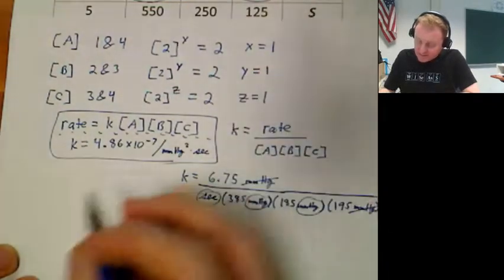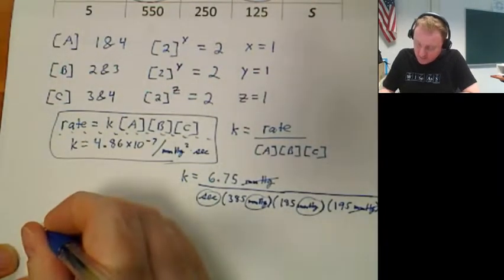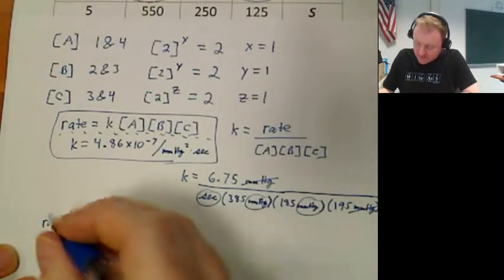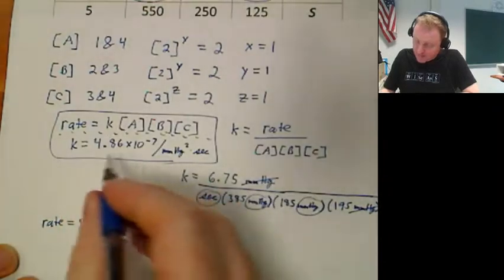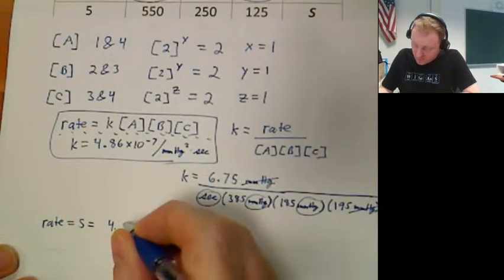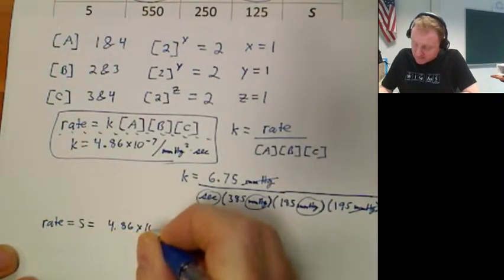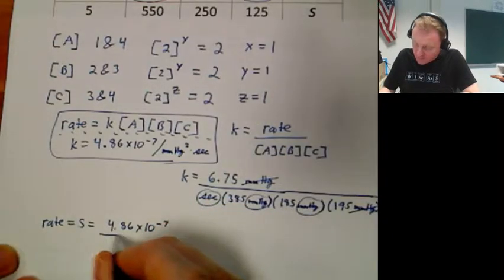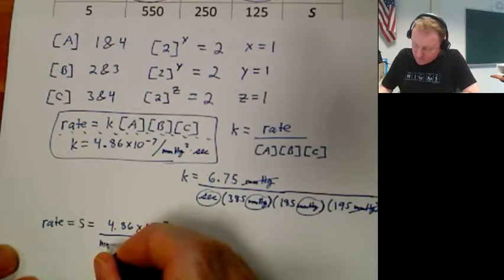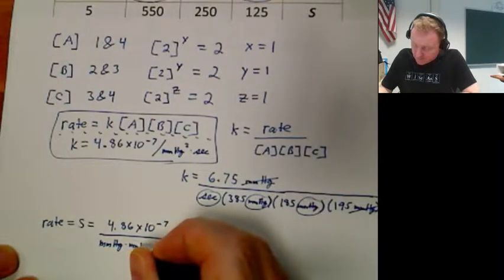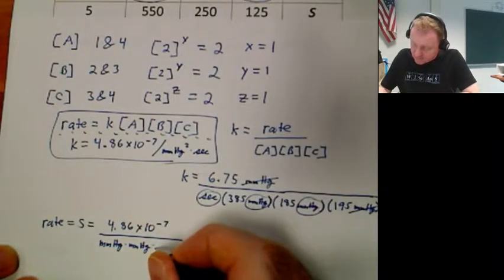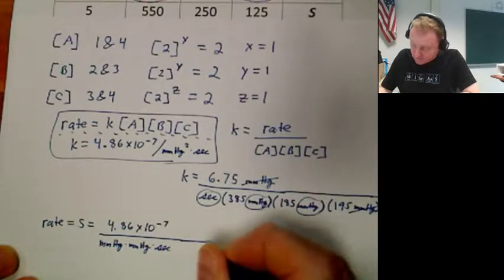I'm solving for S, so the rate, which is S, is equal to K, which is this number here, 4.86 times 10 to the negative 7th over millimeters of mercury. I'm going to put it twice, millimeters of mercury, because that's squared, times seconds.